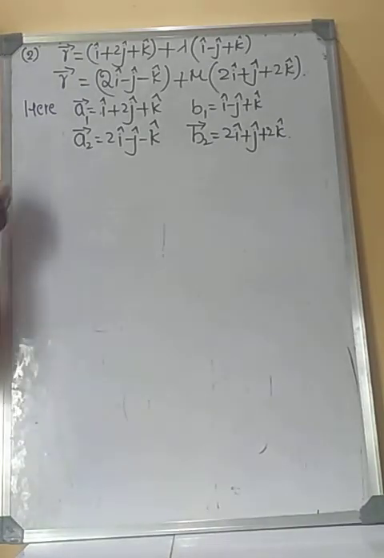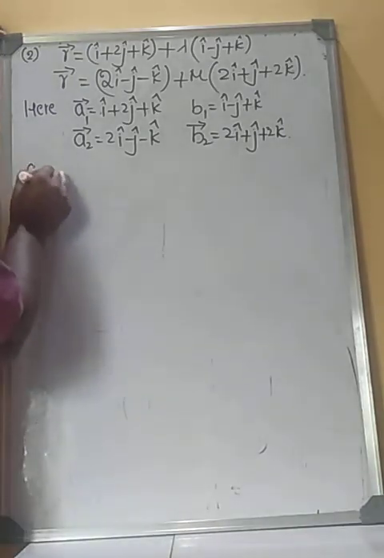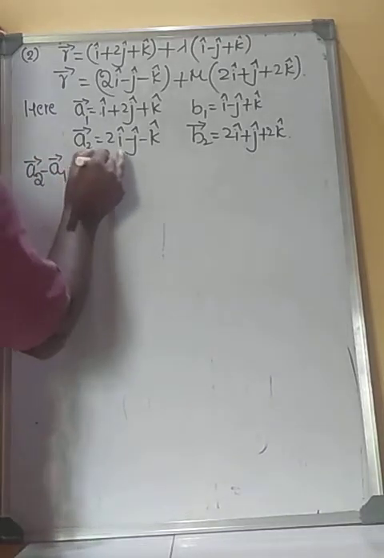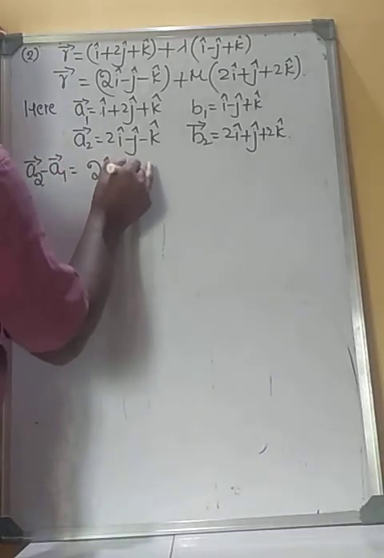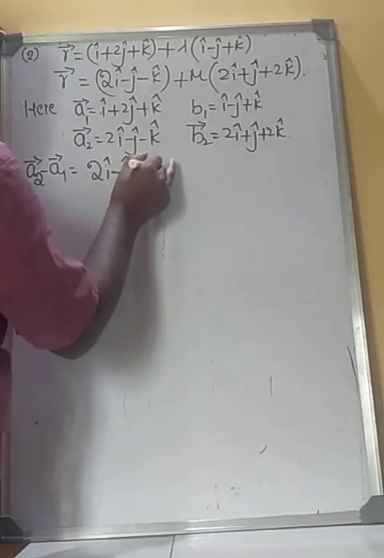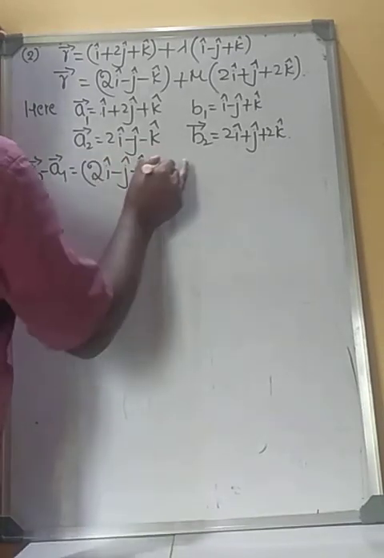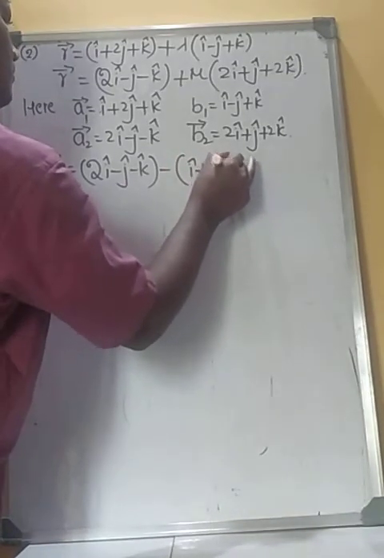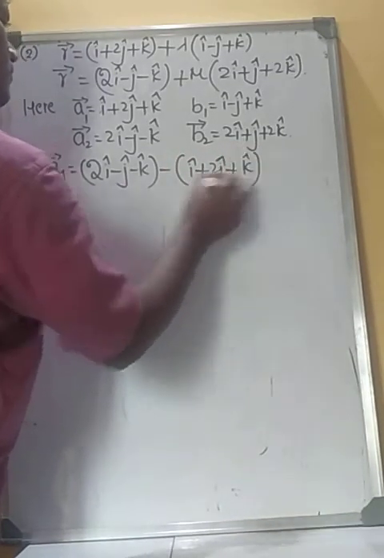Now find the A2 vector minus the A1 vector. A2 is 2i minus j minus k, minus (i plus 2j plus k).